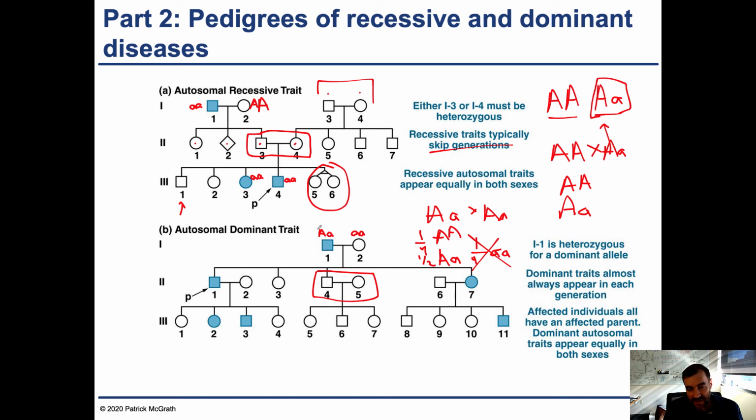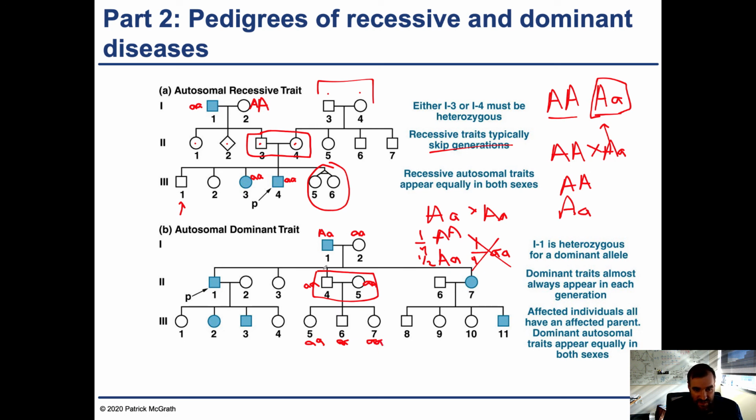Again, these disease alleles are very rare, and because of that assumption, it's much more common for someone that has a dominant trait to just be heterozygote. But for dominant traits, you can basically fill in all of the unaffected individuals, and all of them are little a, because if they had the disease allele, then they would have the trait.